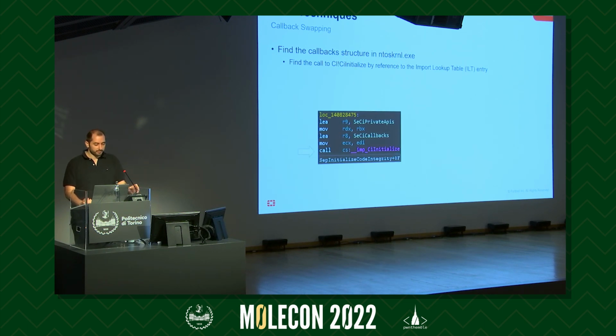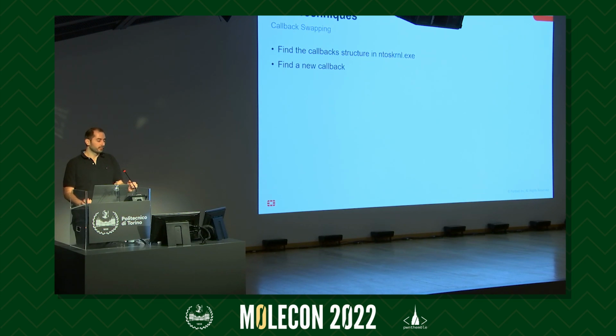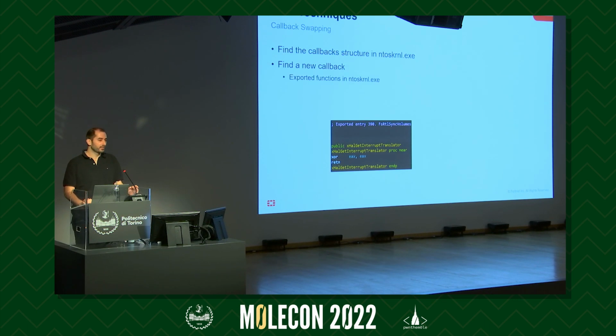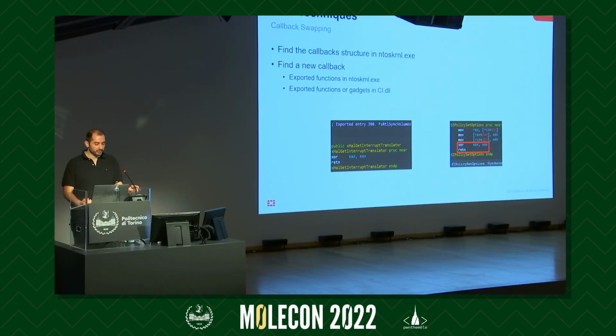Then from the call, just walk back and find the parameter that will point to an uninitialized memory in CentOS, as you can see. Now we need to find a new callback that will just return 0. We can either find some exported function in CentOS, or we can find some gadget in CI.DLL. And all of those things we are doing purely in user space. No kernel read is needed.